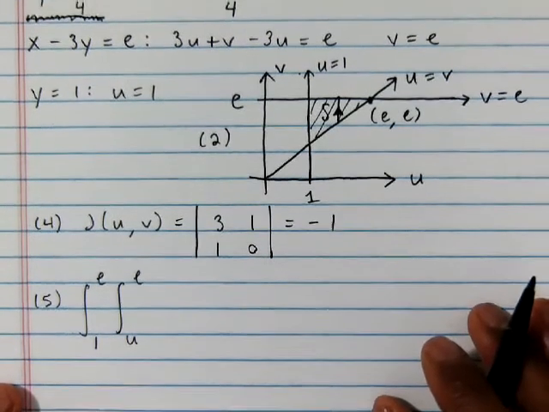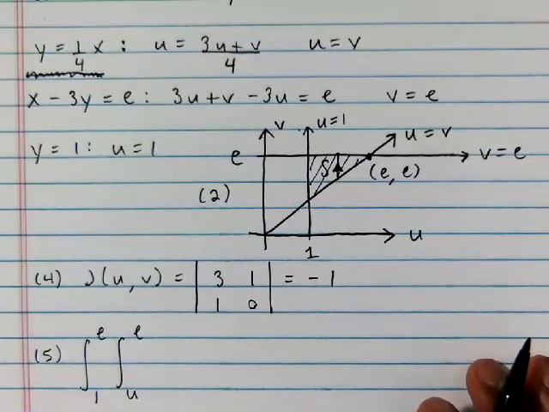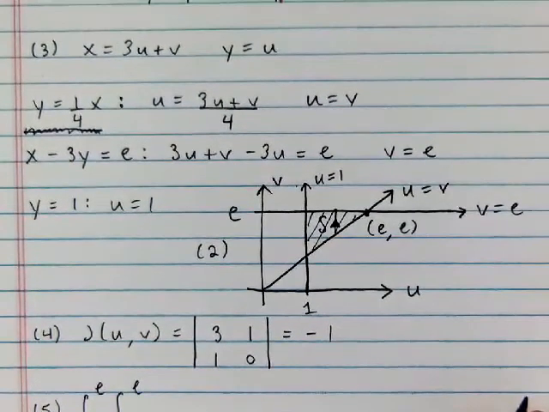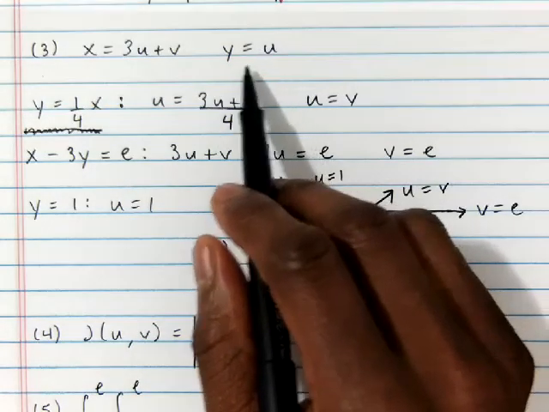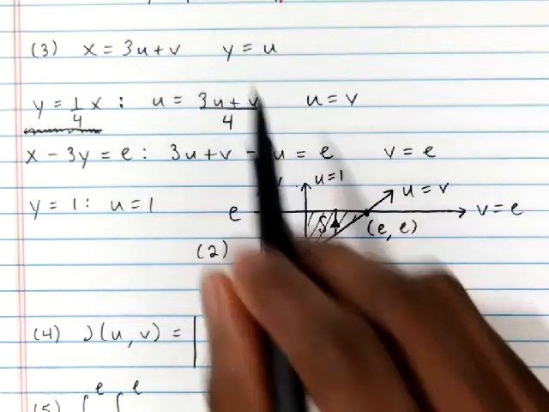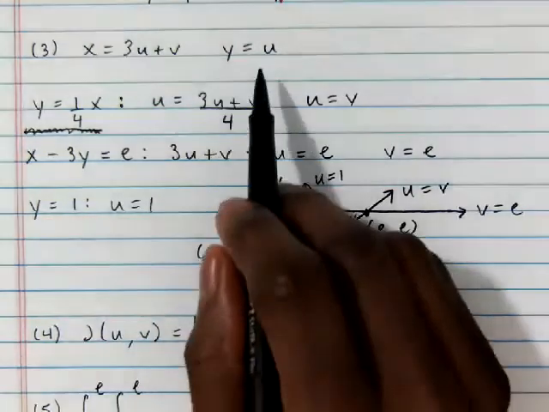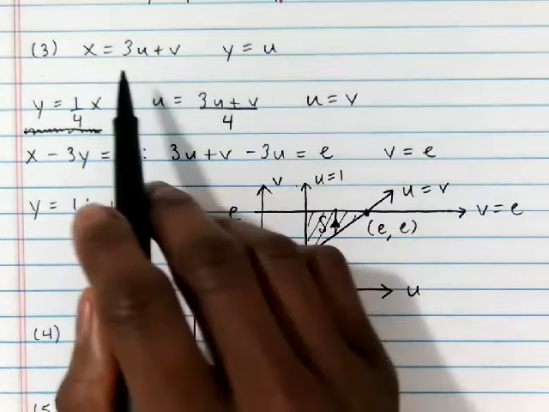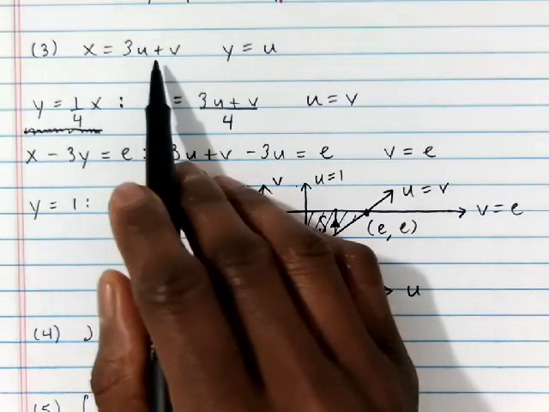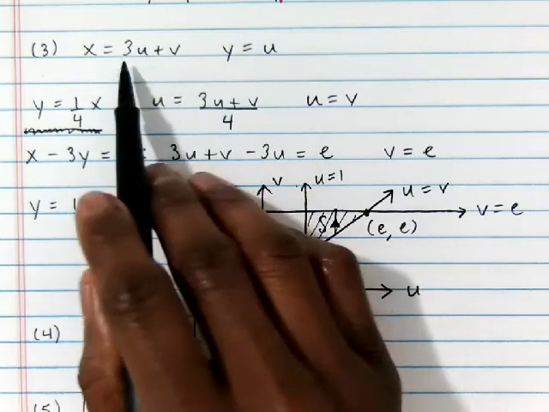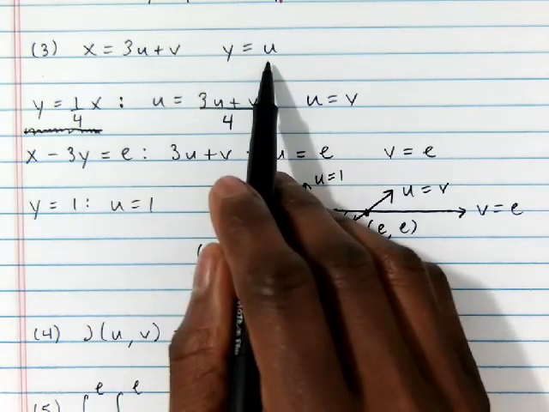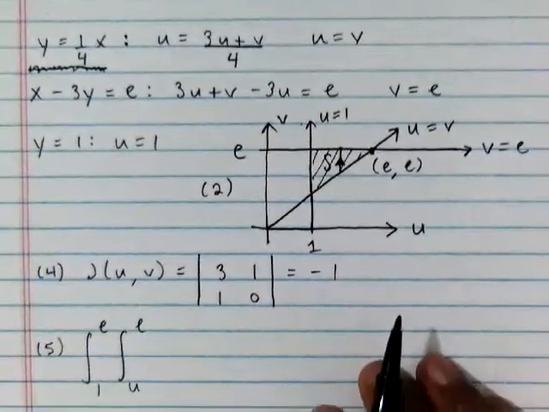So what we're going to do is we're going to use what we have here. So y over x minus 3y is going to be u over this minus 3 times that. So that minus 3 times that is just v. So we're going to end up with just u over v.